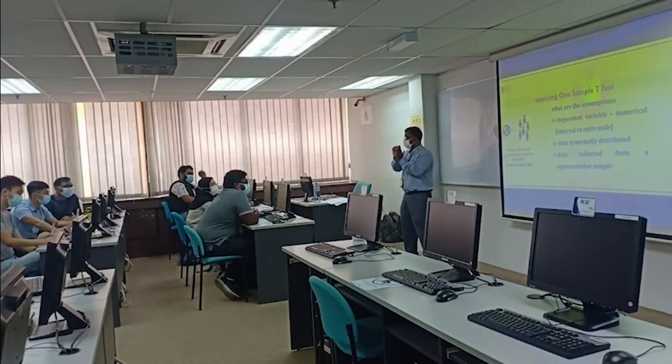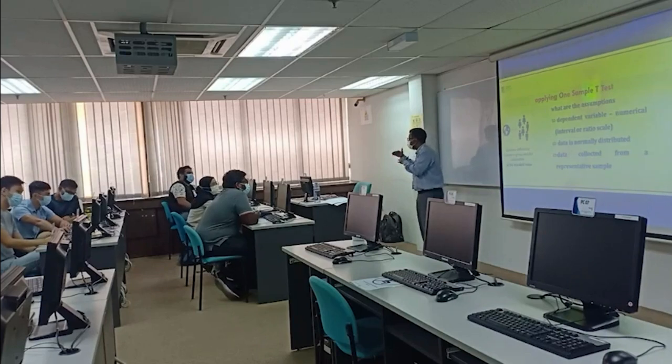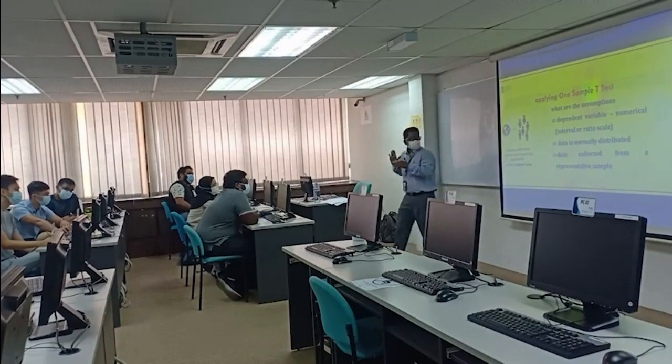Okay, the difference between 35 degrees and 40 degrees is the same as the difference between 40 and 45. Understand? That's the interval scale. Ratio scale means the height of a person is double the height of another person. Both have an absolute zero value. Understood? So that's interval scale or ratio scale.